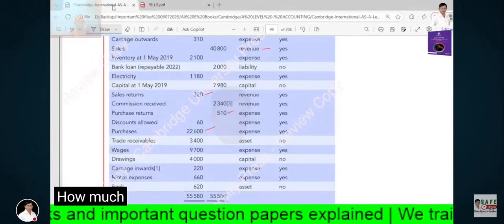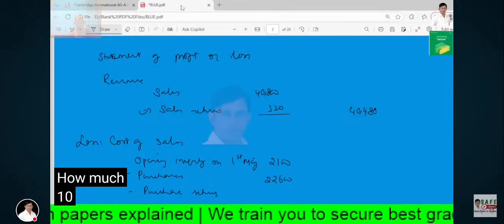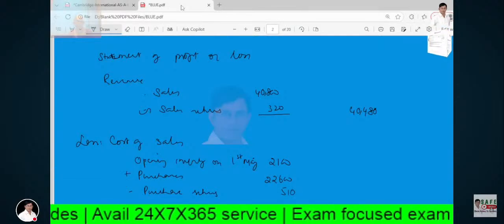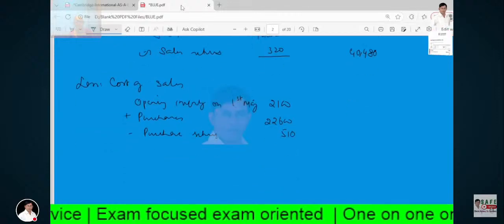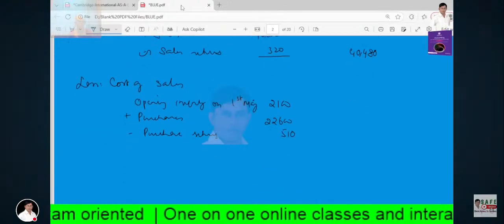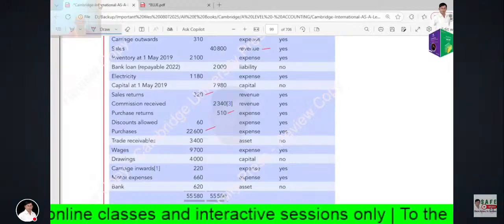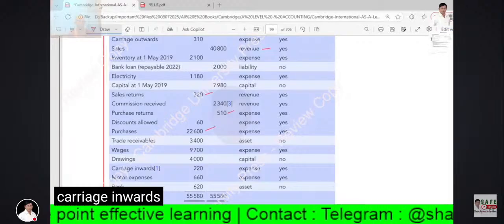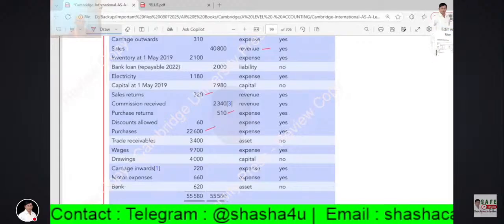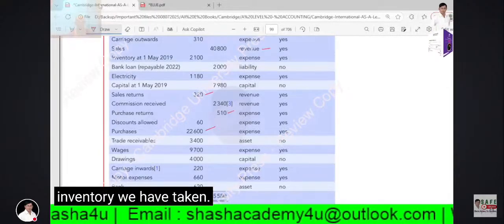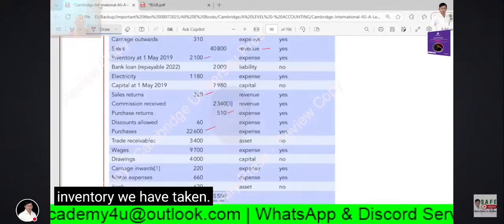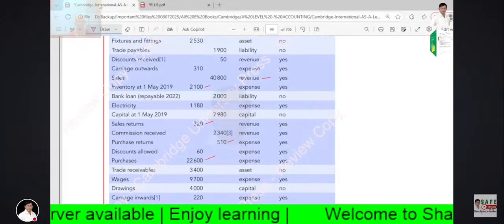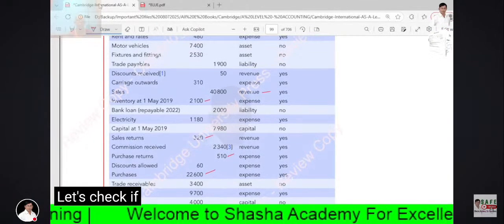Carriage inwards, inventory also we have taken. Let's check if carriage inward is there.